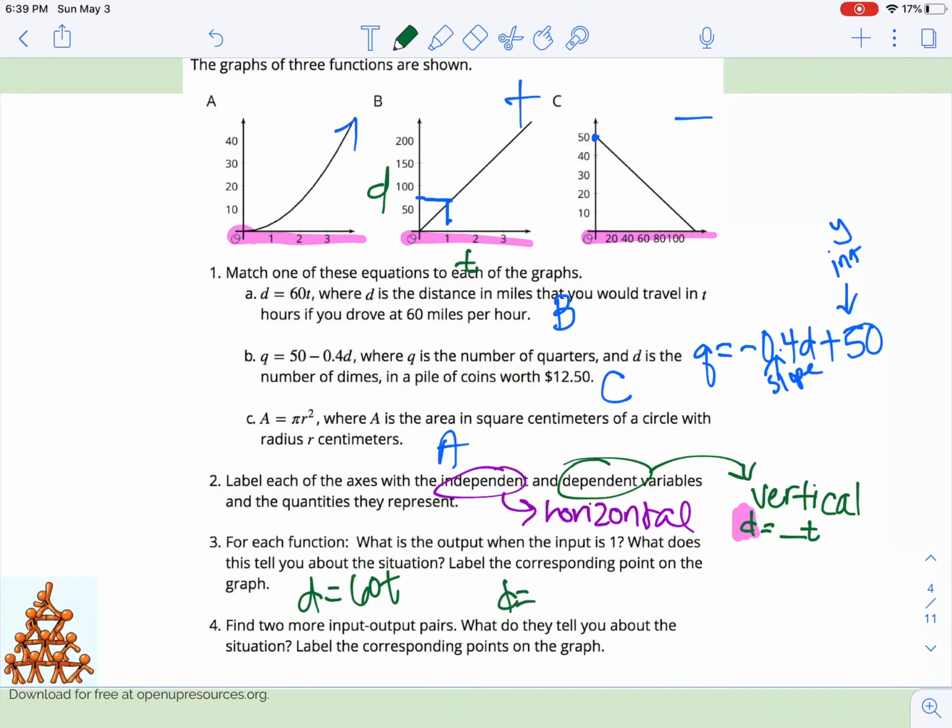So D equals 60 times 1. Distance equals 60. So that's how that would work. And they just want you to do that for B and for C. So plug in 1 where D is for B, and then plug in 1 where R is. I hope that makes sense.